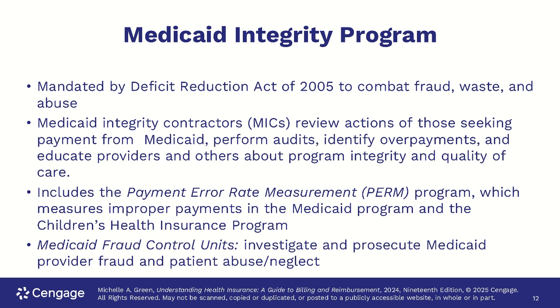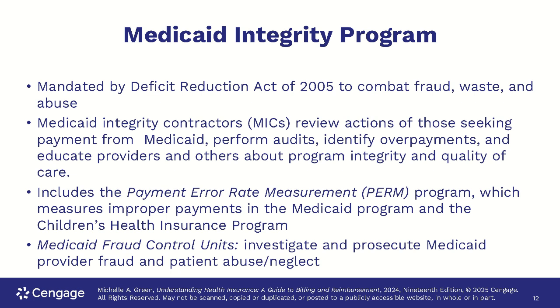But that was doing so well that the Deficit Reduction Act of 2005 established a Medicaid integrity program. This is the same thing: fraud, waste, and abuse. They're doing audits, looking for overpayments, and educating about quality and integrity.